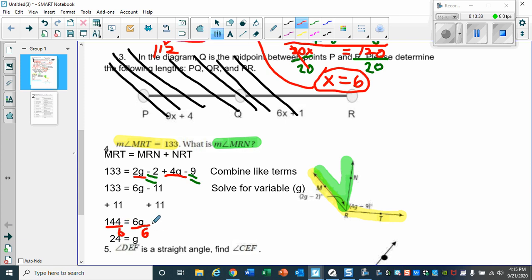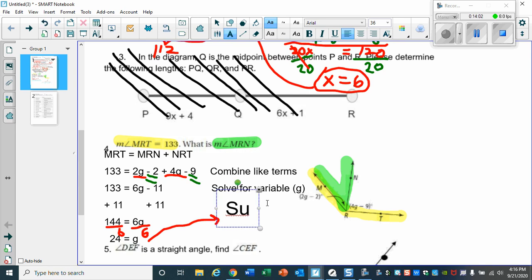Some of us were subtracting 6. We're multiplying by 6, so we're supposed to divide by 6. So G equals 24. So now, given you have the value of G, you're going to substitute 24 for G.